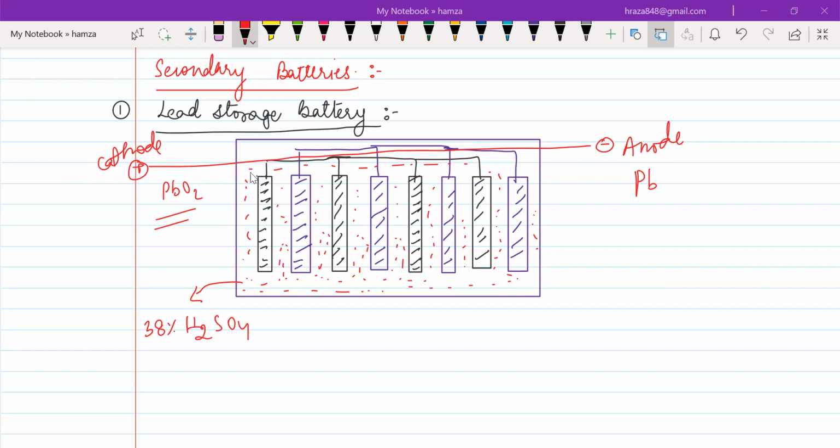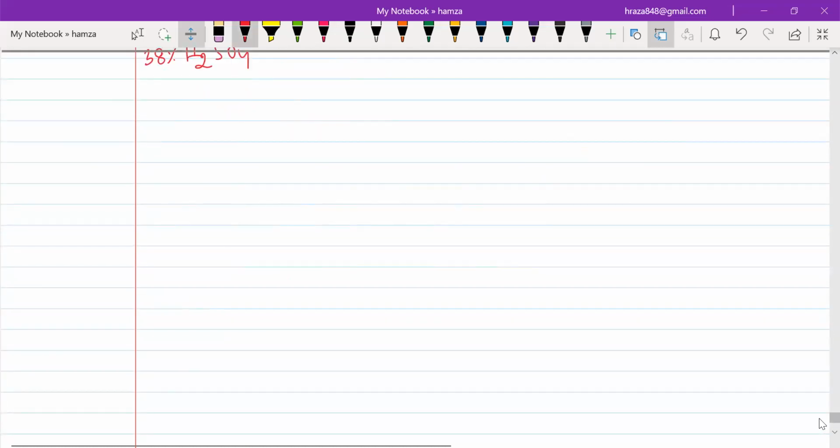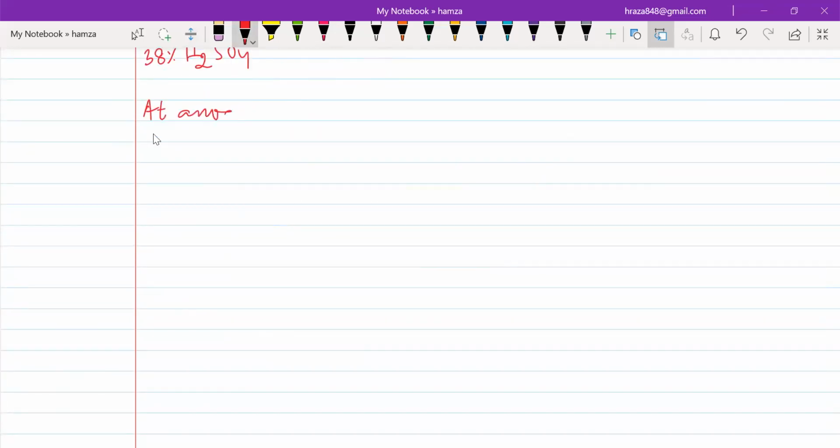Very good. Now see, at anode we saw that only Pb is there. At anode there will be oxidation. So Pb will react with the solution part, SO4 minus 2, and it will form PbSO4.